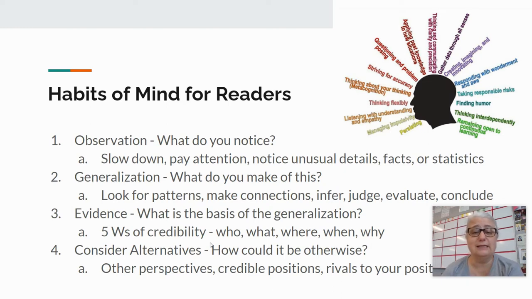Generalization is the second step. So after you've read and you've noticed some things, what do you make of it? In general terms, so not being very specific, but in broad terms, what do you think about what the author has written? This is where you look for patterns.